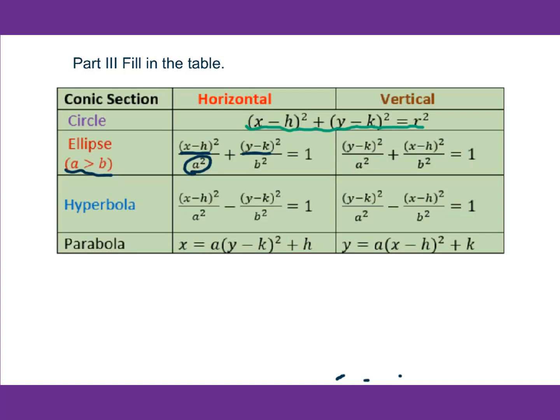We call this a horizontal ellipse. The graph will be like this. For vertical ellipse, the A will be below y squared. Therefore, for vertical ellipse, the graph will be like this one.